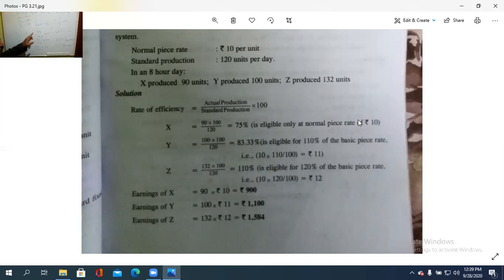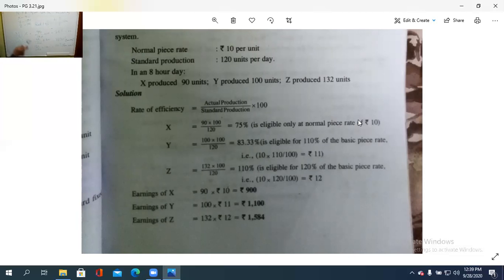X is equal to 90 divided by actual production divided by standard production into 100. Both all the three cases. Then we finalize that only up to 75% only X is worked out. Up to 83.33% only Y is worked out. And up to 110% only Z is worked out.